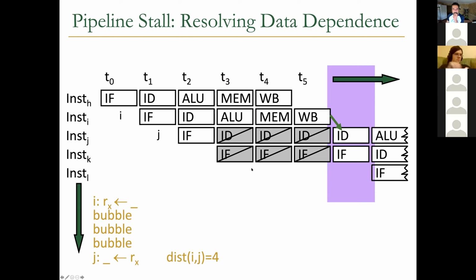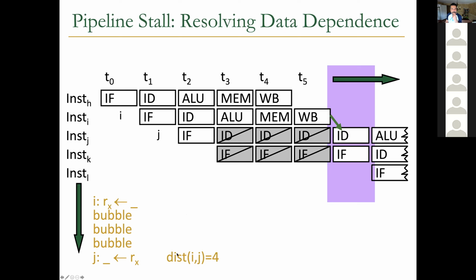So in this case, after we fetch the instruction J in T2, we need to insert 3 additional no-op operation, meaning that we need to stall this instruction 3 cycles, and then it can continue moving forward after 3 no-op operation.